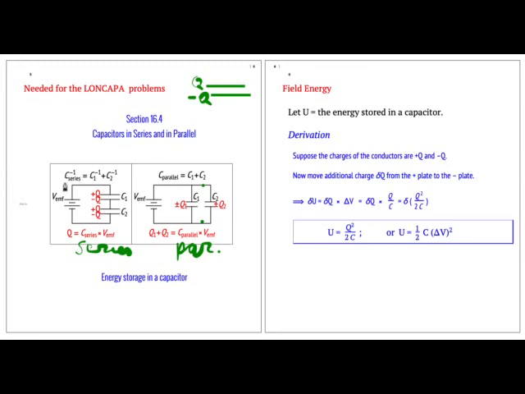All right, it turns out the simple one is the parallel case. The combined capacitance of two parallel capacitors is the sum C1 plus C2. So if you have this arrangement, it's like you have one big capacitor with capacitance C1 plus C2.